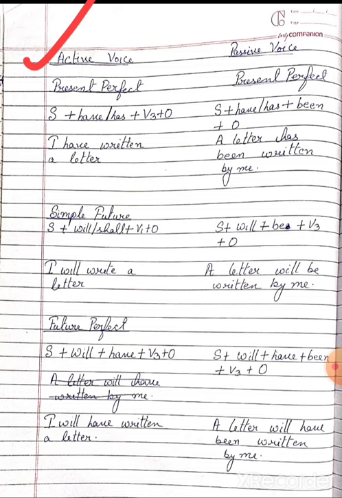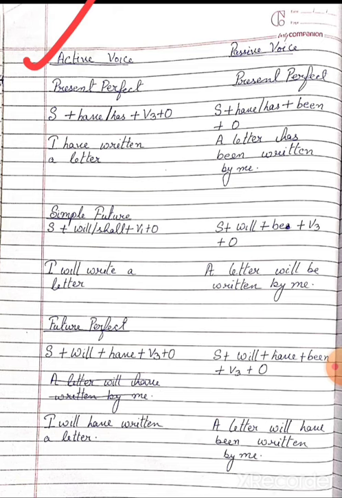As we have already discussed, to change a sentence to passive voice, the subject in the active voice will become the object in the passive voice, and the object of the active voice will become the subject in the passive voice. So this is the basic step that you need to keep in your mind.